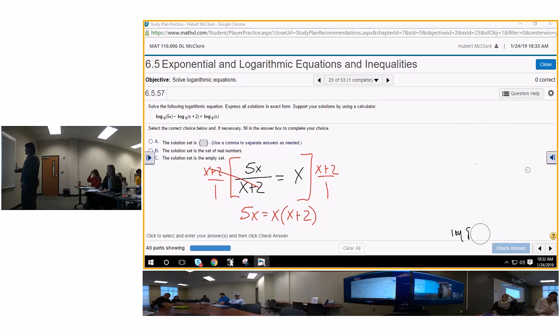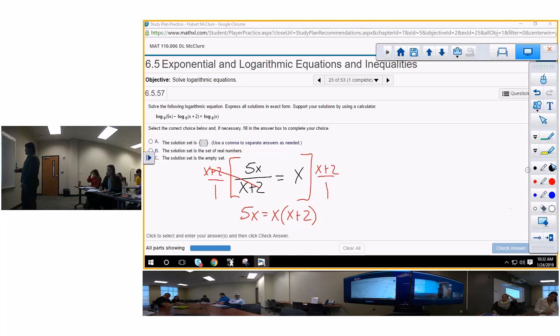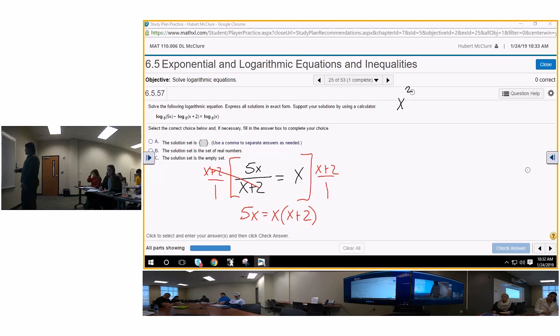So now we've got, I'm going to go ahead and bring the 5x over. I'm going to skip a step. So that's going to give us x squared plus 2x minus 5x is equal to 0.